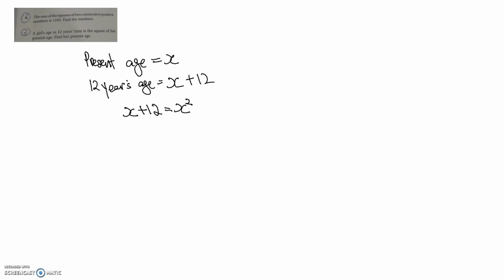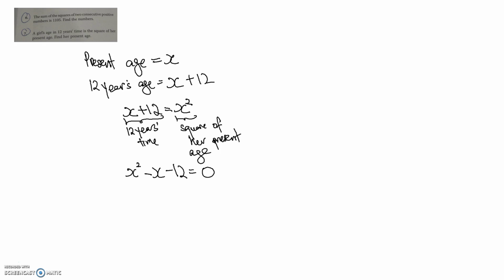On the left-hand side of the equation, we have the age in 12 years' time, x plus 12, and on the right side, x squared, the square of her present age. Once you have the equation, this is a quadratic already. We deduct x plus 12 from both sides, so you get x squared minus x minus 12 equals 0.